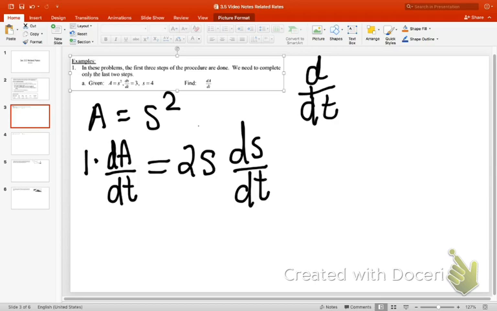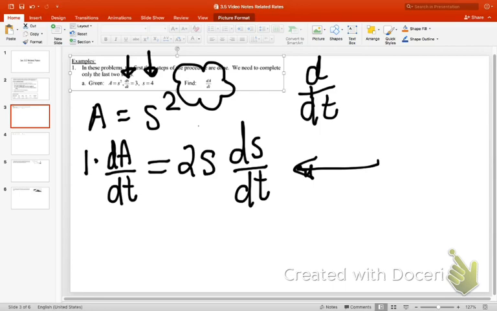All right, so remember that we are trying to figure out what dA dt is equal to when the rate of change of the side length in relationship to time is 3, and then at the specific moment when my side length is 4. So we're going to plug these values into dA dt.